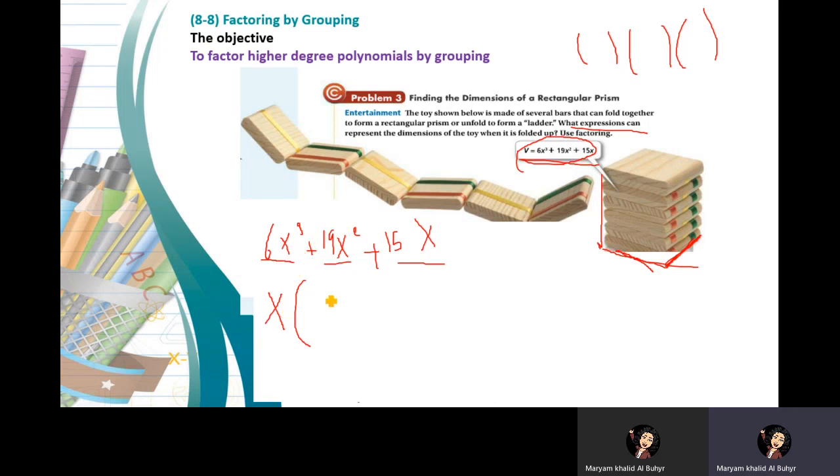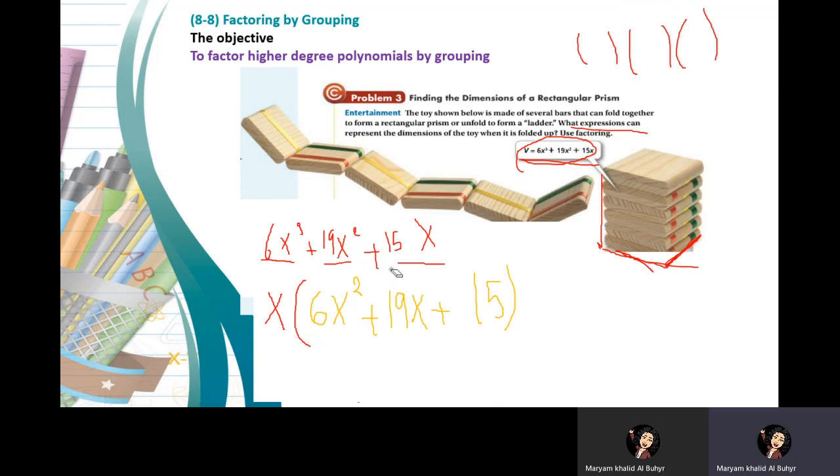So I will write the remaining things: 6x to the power 2 because I took 1, plus 19x, plus 15. So that's the idea. Sorry, this is power 1. Let me erase this part.